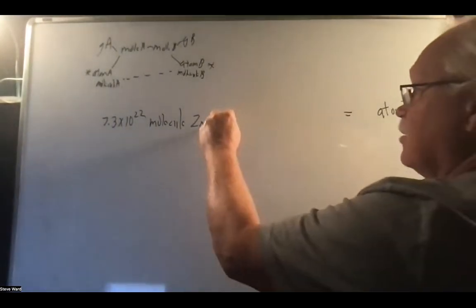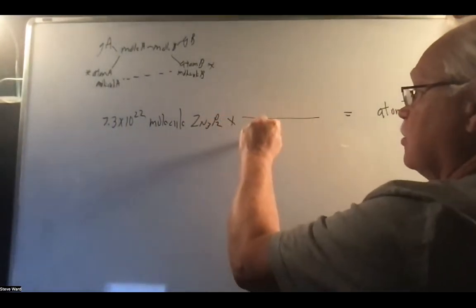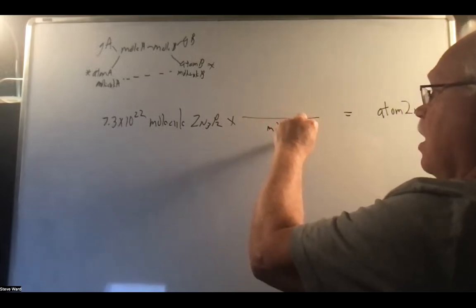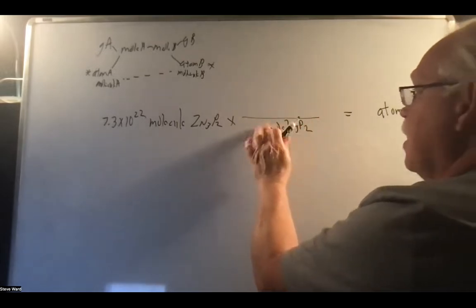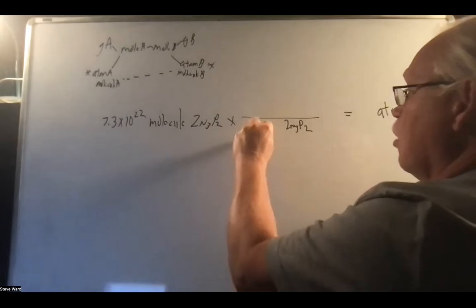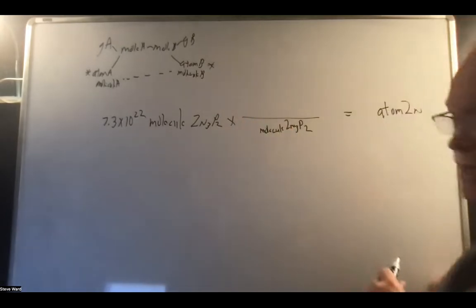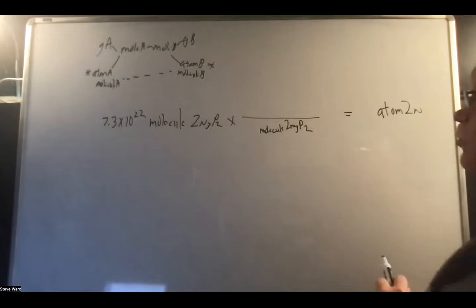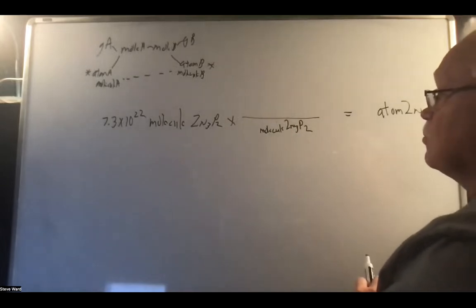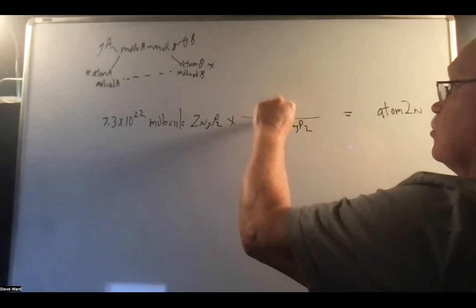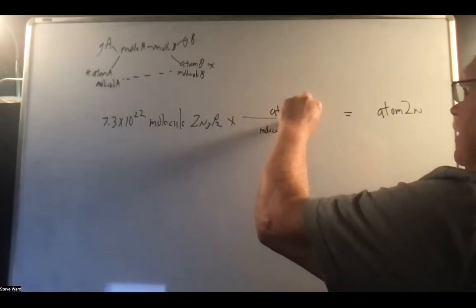So if I do that, then molecules of zinc phosphide goes on the bottom. Whoops, molecules, not moles. Don't abbreviate any of these words that start with M. It just causes you to get confused. Molecules of zinc phosphide. And notice I should be able to go to atoms of zinc.